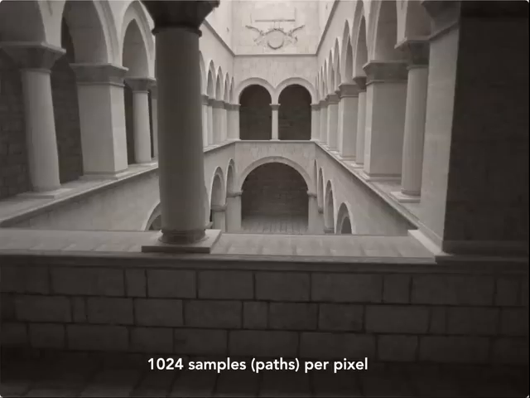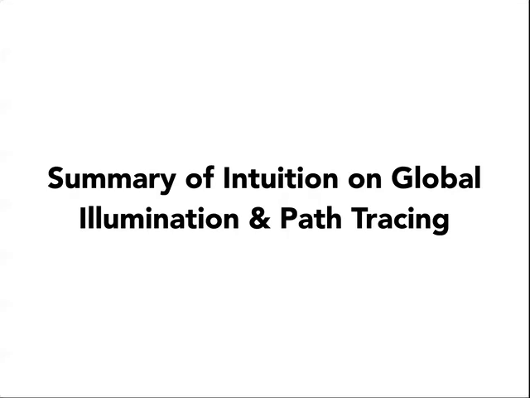So lots of paths are needed in order to create low noise images, which you'll find in your assignment because you'll write your code and then choose how many paths to run and you'll see the effect that it has on the noise.